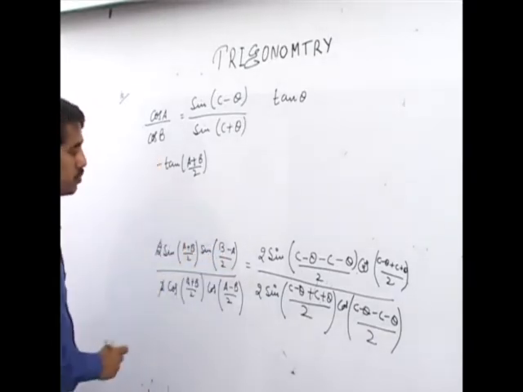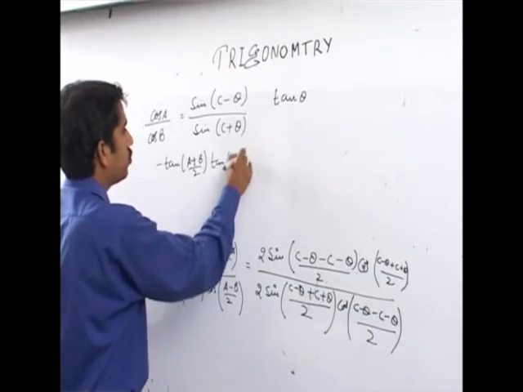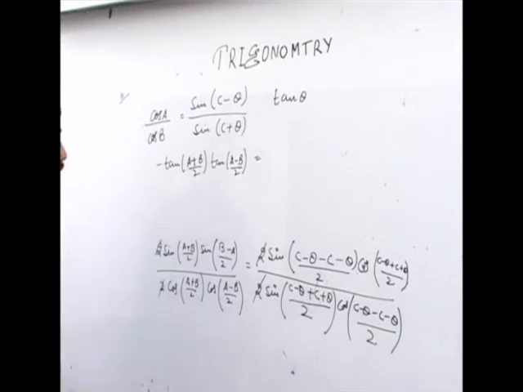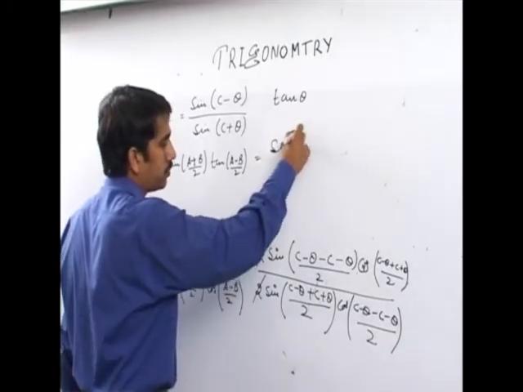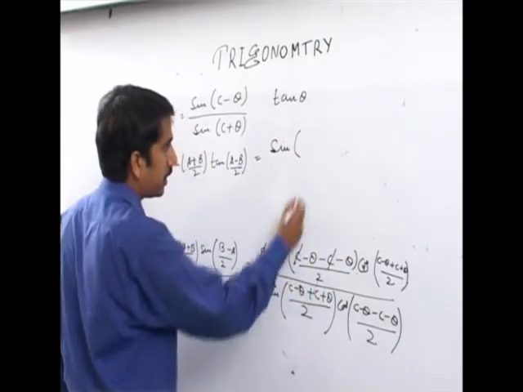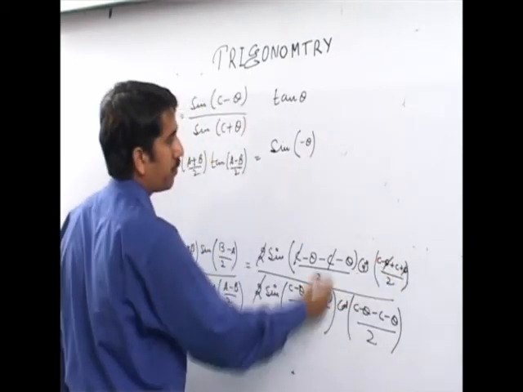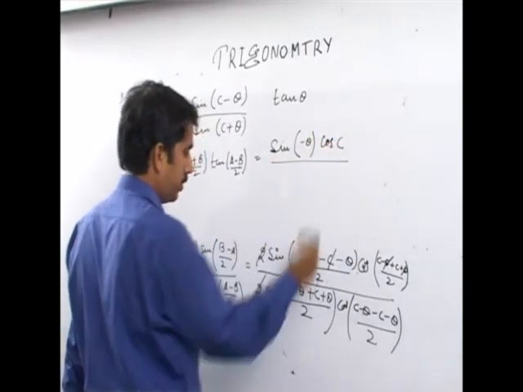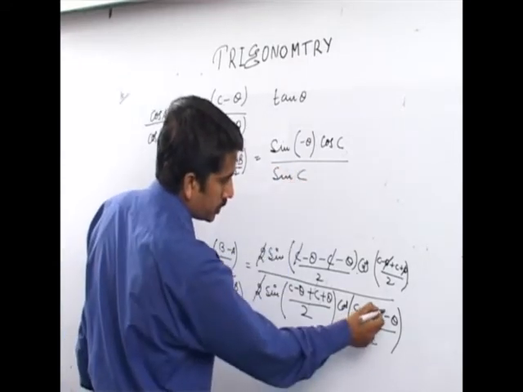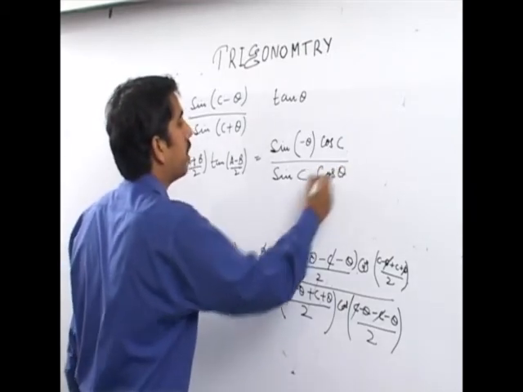From here also 2 will be cancelled out, and the C will be cancelled out, and minus 2 theta over 2 will be equal to minus theta. This theta will be cancelled out, you will be left with cos of C over sin of C, into this C will again cancel out, and cos of minus theta is cos theta only, so you will write here cos of theta.